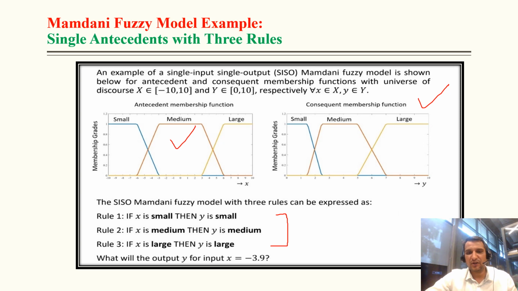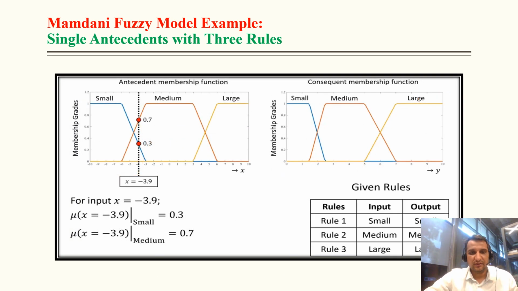Now what we want to calculate is, when the input x is equal to 3.9, what will be the output, that is y, right? So I draw the scale, took the input x equal to 3.9, and draw a vertical line. When I draw a vertical line, for the small region it is intersecting at 0.3, but for medium it is intersecting at 0.7, right?